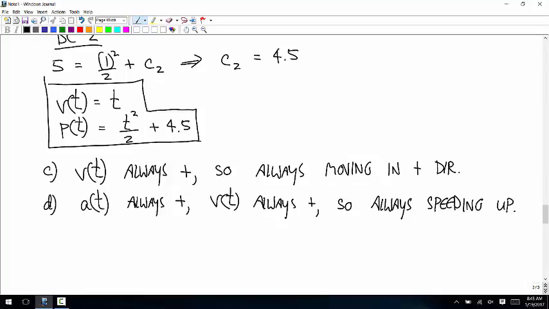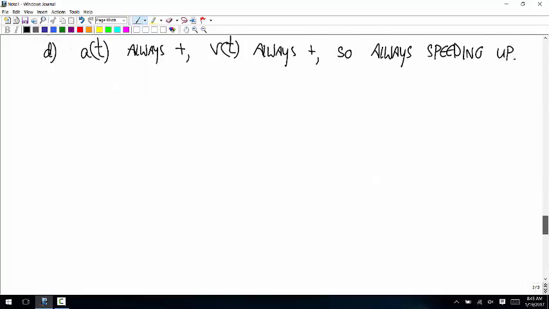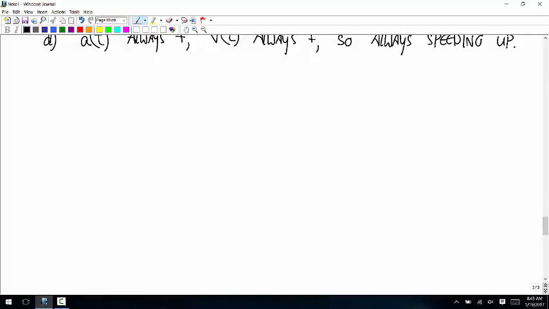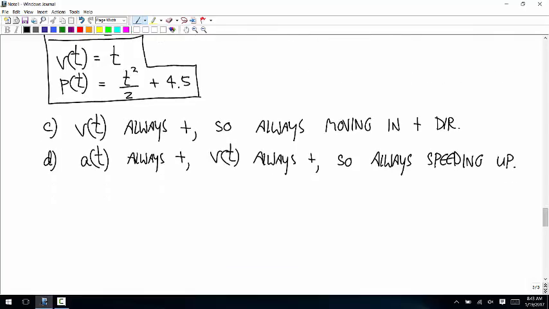Okay, so the most important types of kinematics problems, the ones that are going to come up the most, the most common kinematics problems, have constant acceleration.